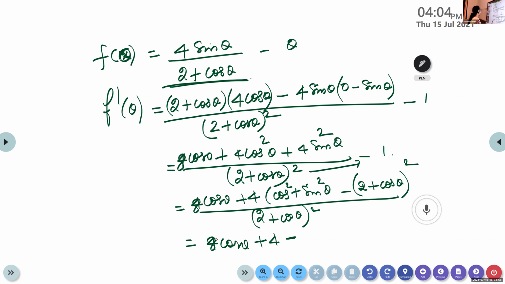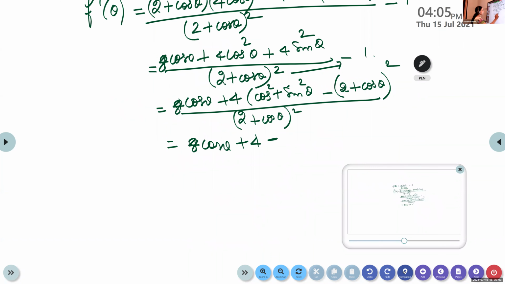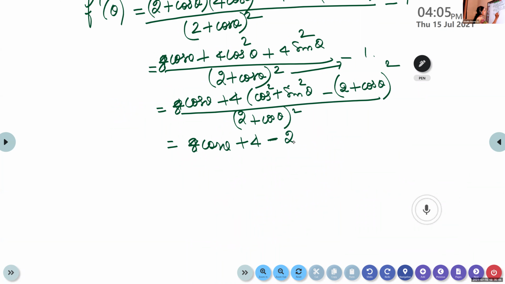Now expand 2 plus cos theta the whole square. When you expand it, what will you get? It is 2 square plus 2ab, 2 into cos theta, plus cos square theta.